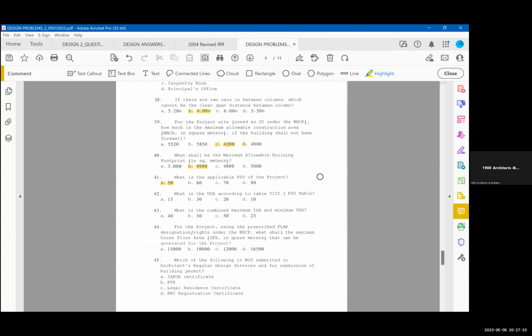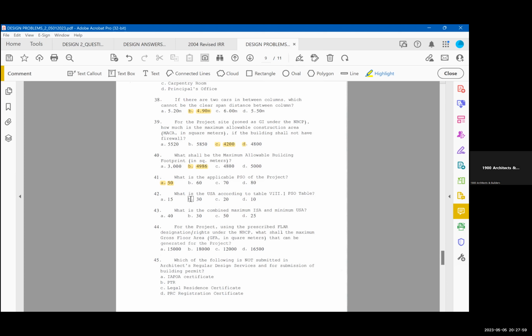So, number 42. What is the USA according to table 8.1 PSO table? Yun. So, ito yung sample ng question na ni-state niya kung saan mo hanapin. According to table 8.1, pupunta tayo sa table 8.1 at hahanapin natin yung USA. So, the answer is 30%.